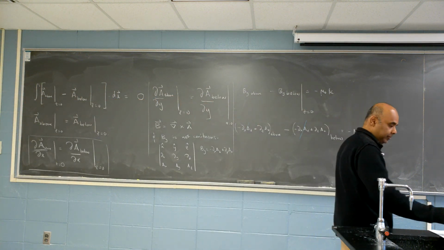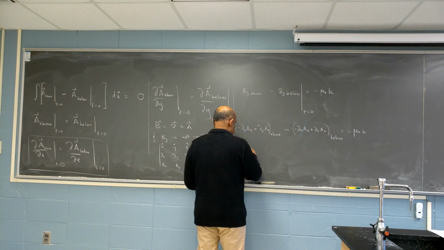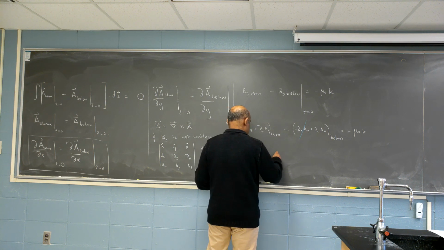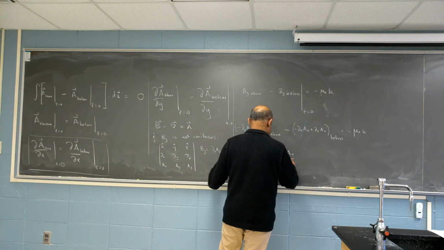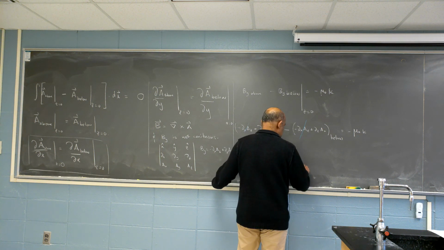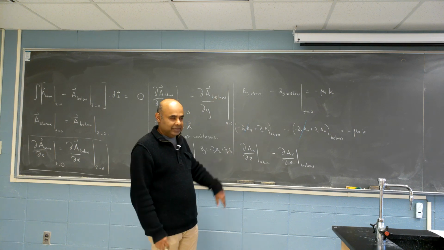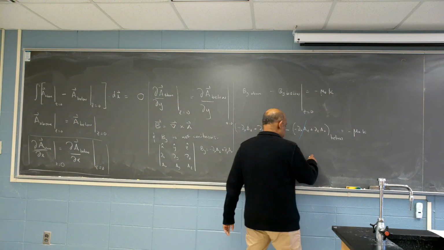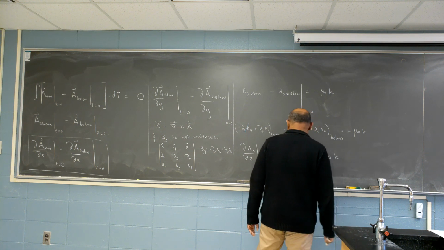And then I would have, these are above limits and below limits, z equals 0, whatever you want to say. That's equal to minus mu 0 k.